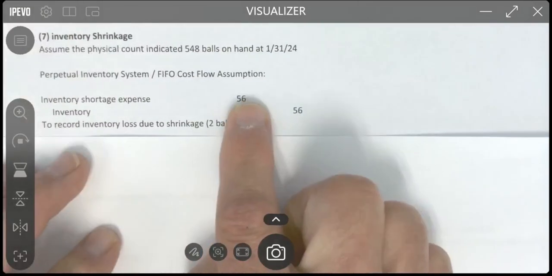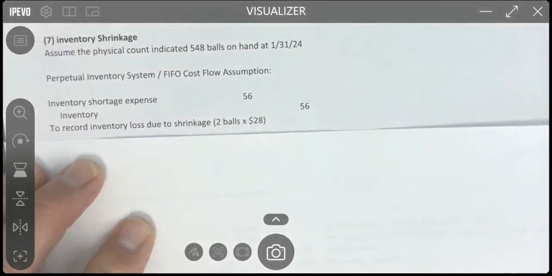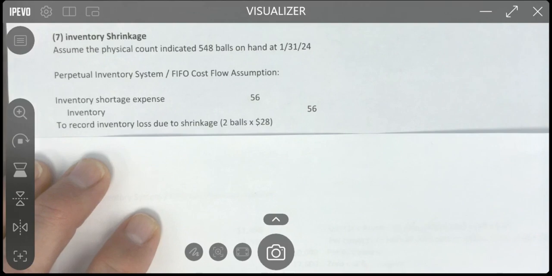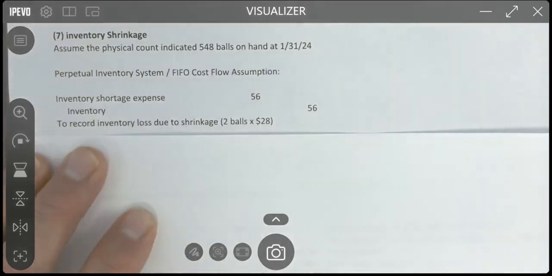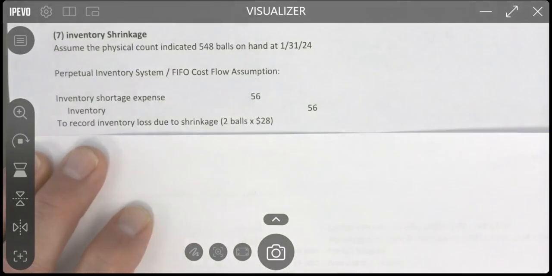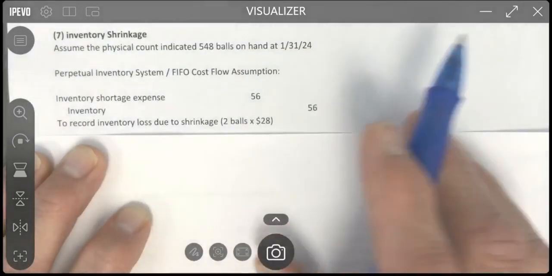Now, we're assuming FIFO, so the first in, first out was the 400 that we purchased at 25, and then several of the balls we purchased at 28, but there were some left at 28, and then there was the 400 left in the batch we bought for 30.